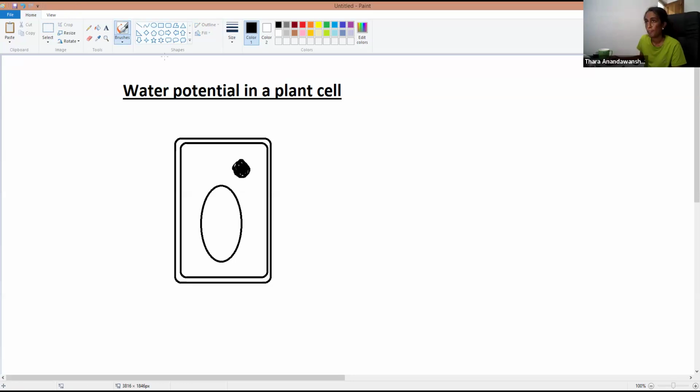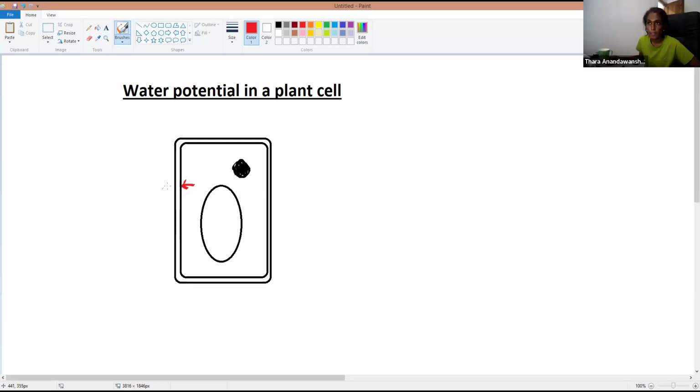So we are going to talk about psi value, psi s value, and psi p value regarding a normal plant cell. Usually the protoplast in the plant cell will be pressing towards the cell wall. This is applying some pressure.